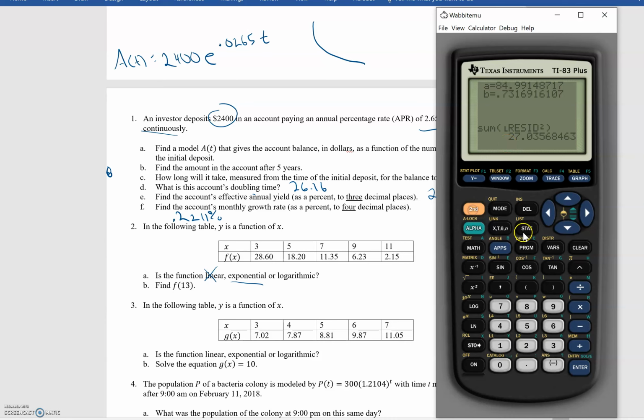Let's check the logarithmic. So to do this, since I'm comparing functions, this one is y2. So I do LnReg of L1, L2, and remember what I said, that one's going to be y2.